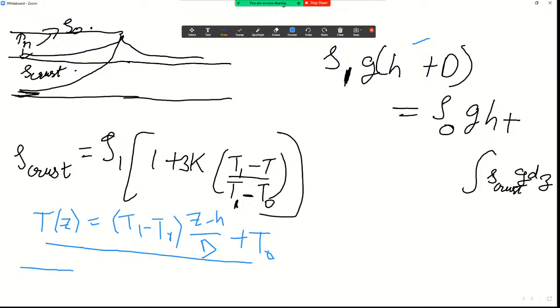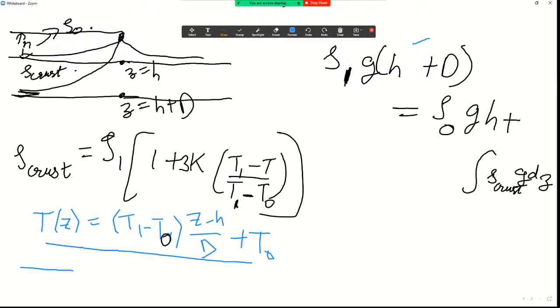Okay. This is Z equals H, and this is Z equals H plus D, right? Yes. So if we put H plus D, we get D by D, and then we get T1.